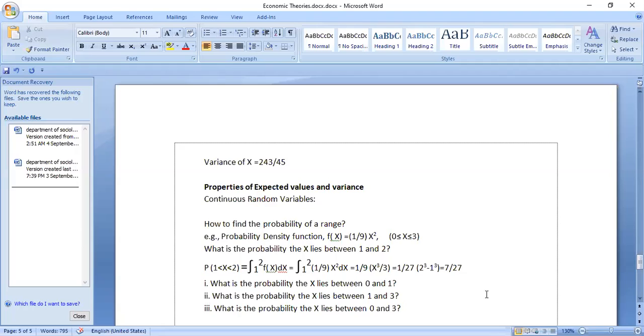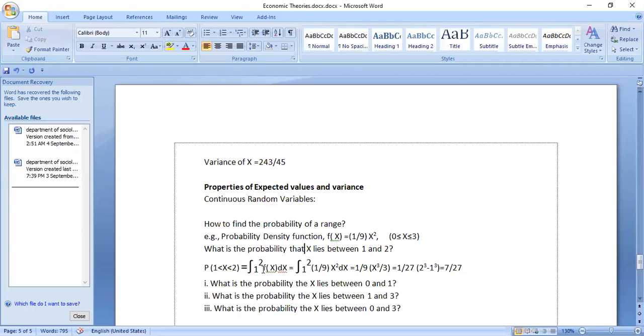Let's say, for example, I wrote it here. What is the probability that x lies between 1 and 2? How do you find that? So you want to know the probability that you pick a value of x that lies between 1 and 2 over this range.